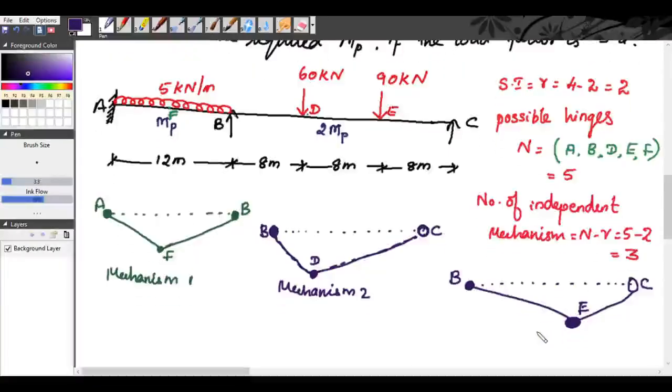So this is your mechanism 3. Okay, so totally you have 3 mechanisms.